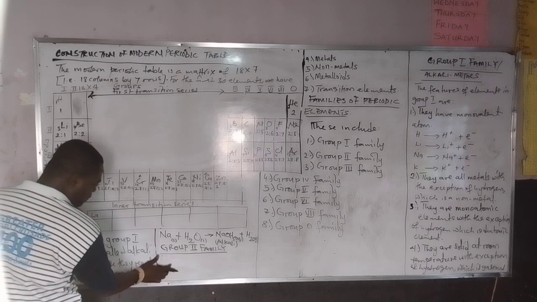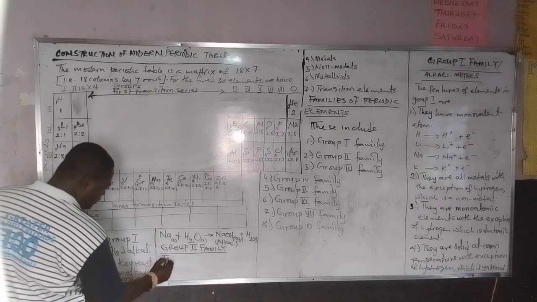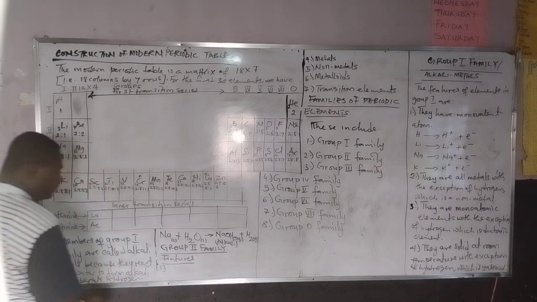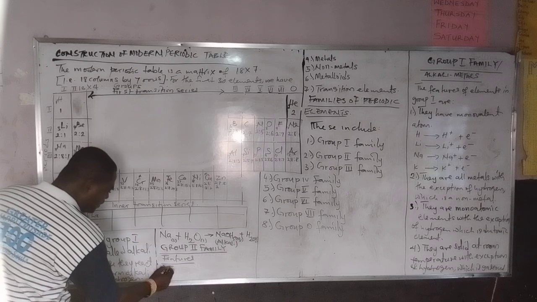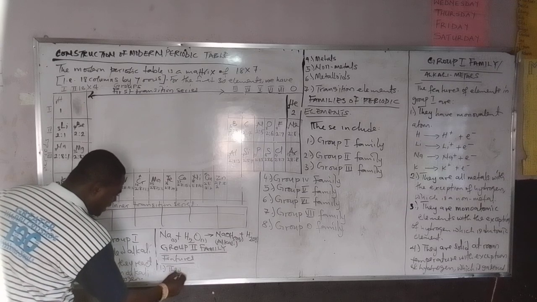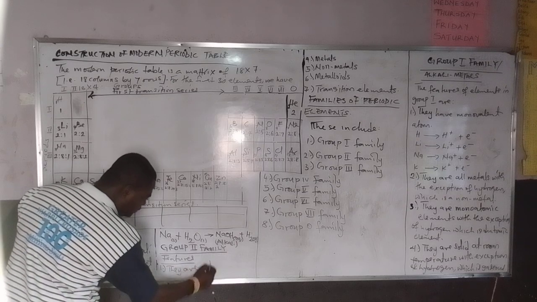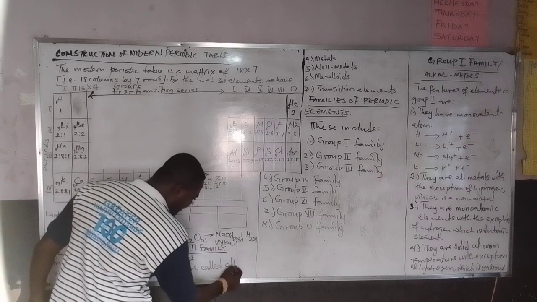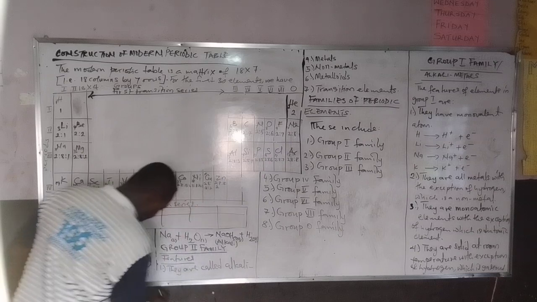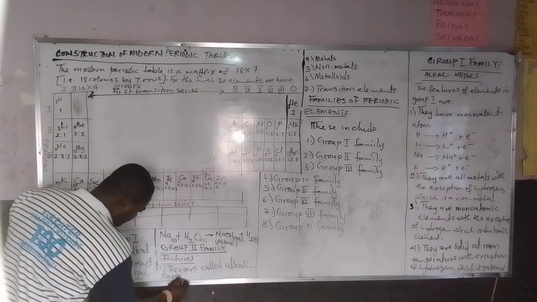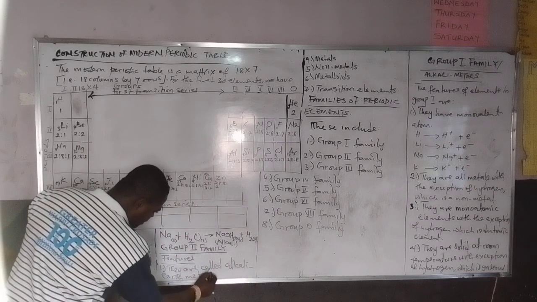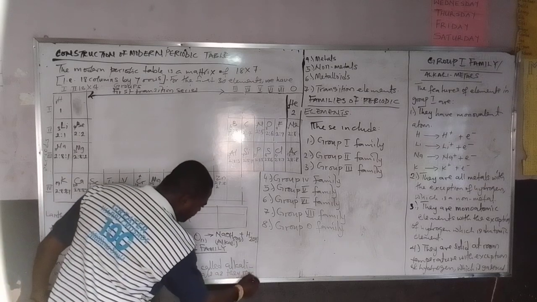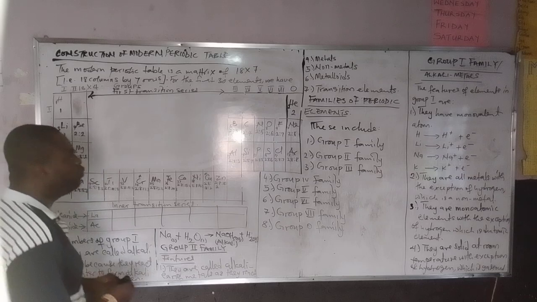Number 1 thing to know. Features. Number 1: they are called alkali earth metals. Why? As they react with what?